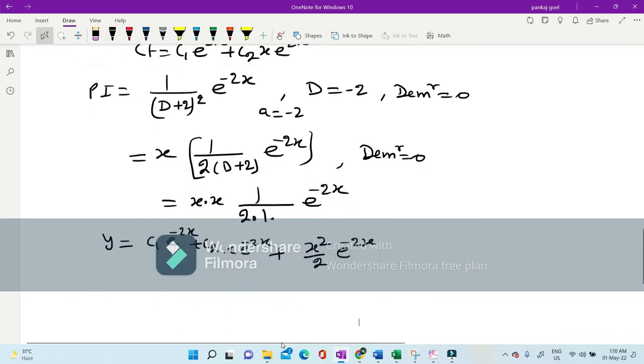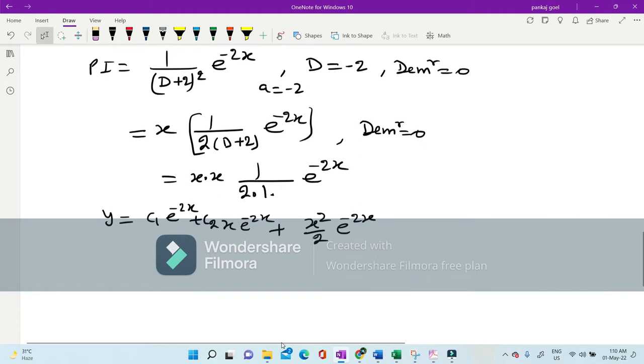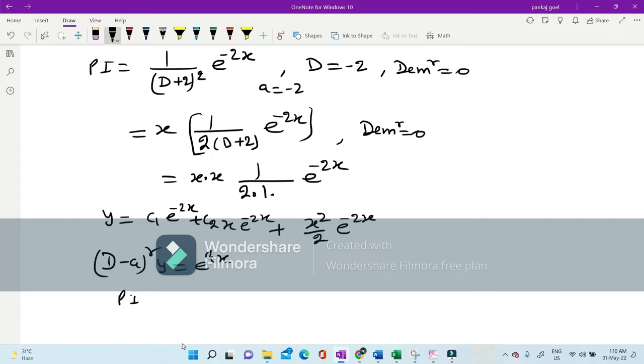For this you can write the generalized formula: if there is (d minus a) whole power r, y equal to e to the power of ax. You can see the denominator if we find PI. What is PI? 1 upon (d minus a) to the power r, e to the power of ax.